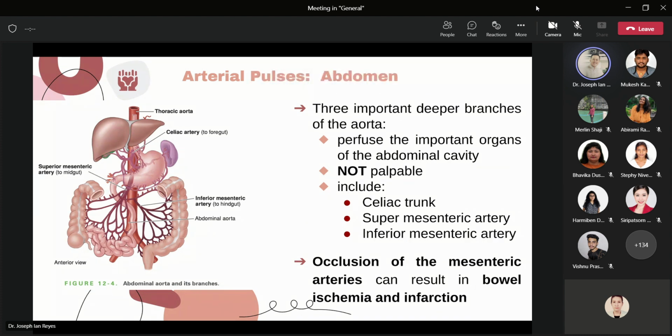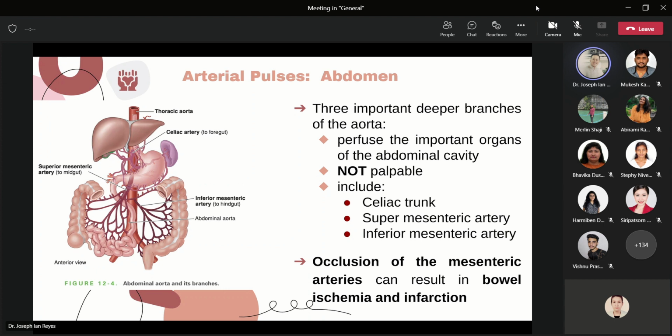Superior mesenteric: that's the very large blood vessel going to the right side, lower area, so midgut. You have your small intestine, composed of your duodenum, ileum, and cecum. You have your large intestine, composed of your ascending and your transverse colon, up to the right splenic flexure, the curve.